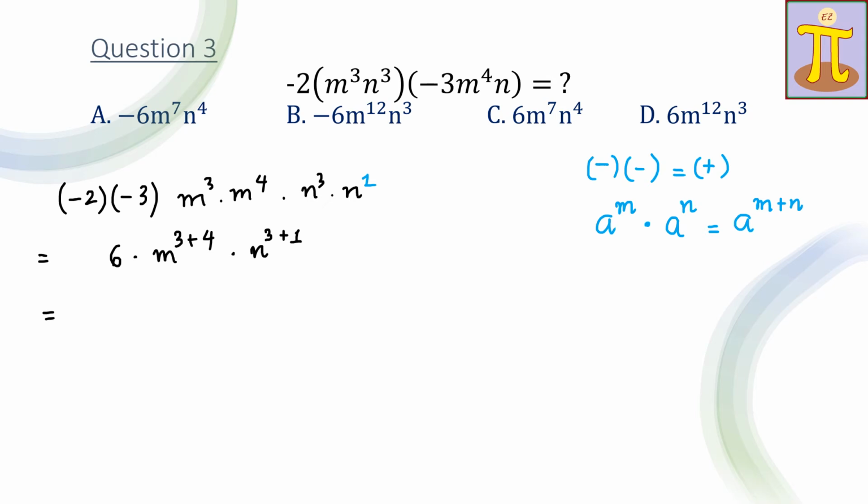Simplified, we have 6 times m to the power of 7 times n to the power of 4. And it should be C: 6m to the power of 7 n to the power of 4.